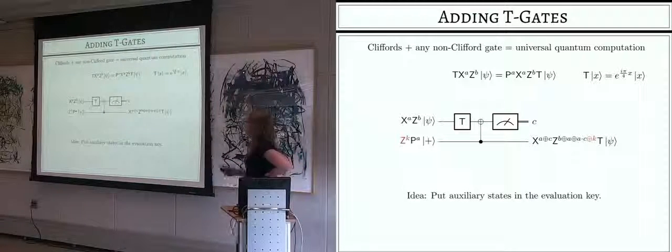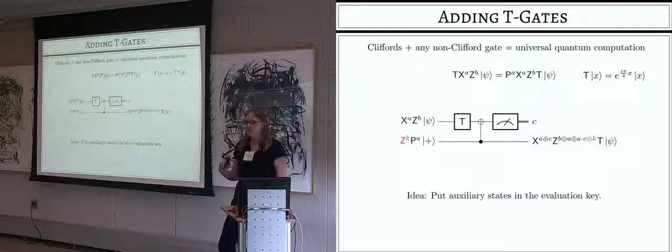So this is the idea. The idea is that as part of the evaluation key, we'll give some auxiliary states which can help perform a T gate, or more specifically help perform this, correcting this P here after a T gate has been applied.